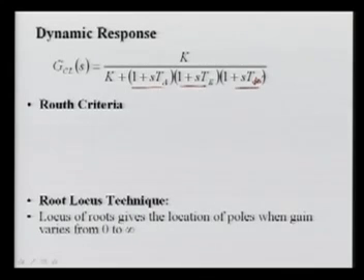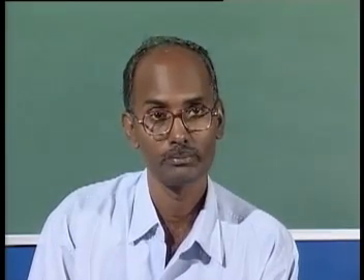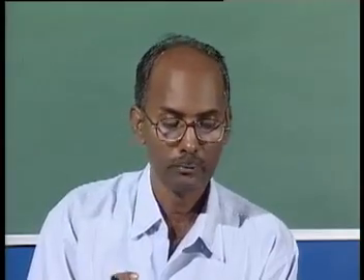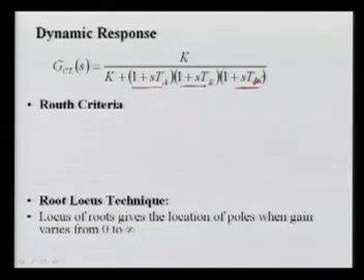To see the dynamic response, normally various criteria are there, because we want to see for what value of gain our system will be stable. The first one is the Routh criterion, which is a necessary condition, and it depends upon the characteristic equation of the system. What will be the characteristic equation?